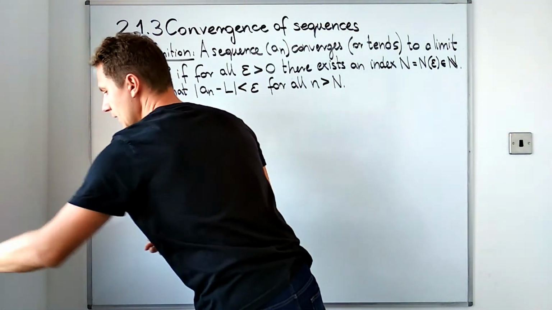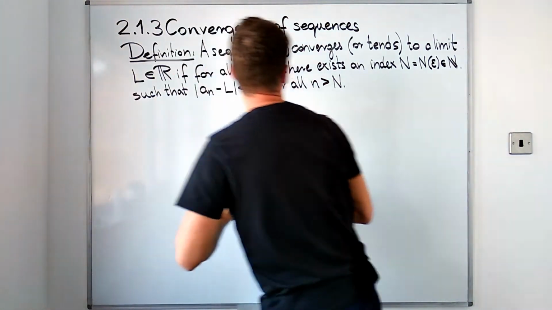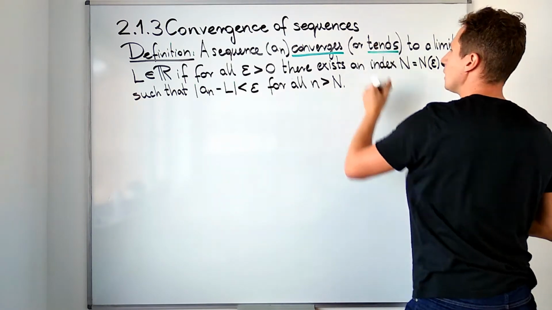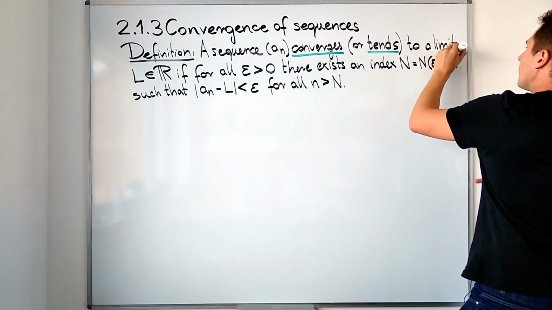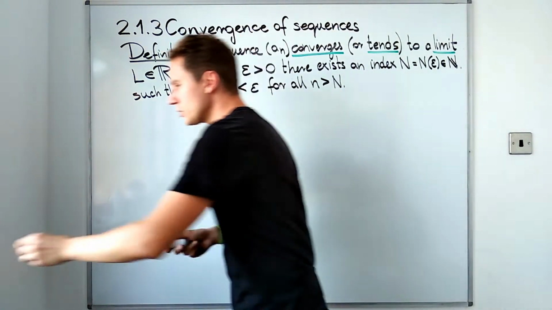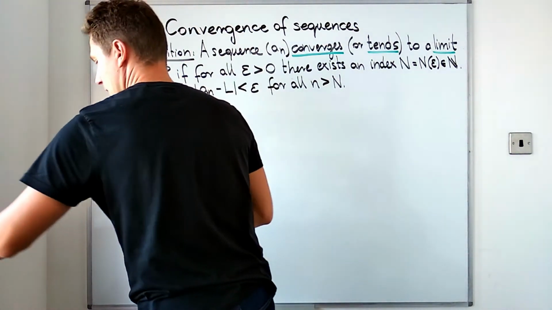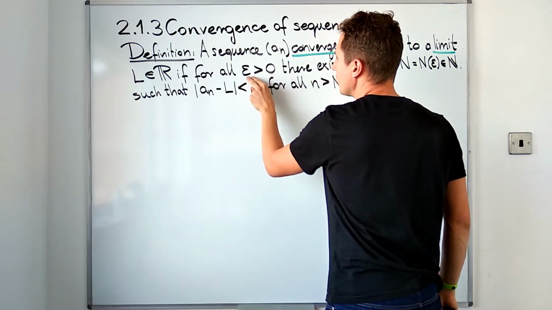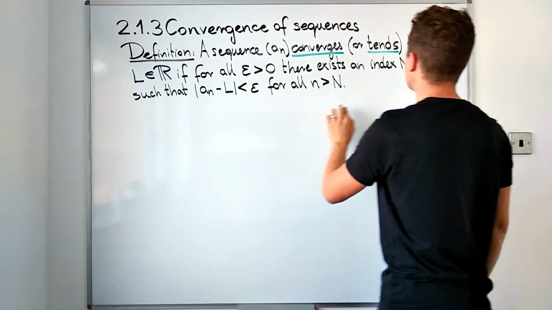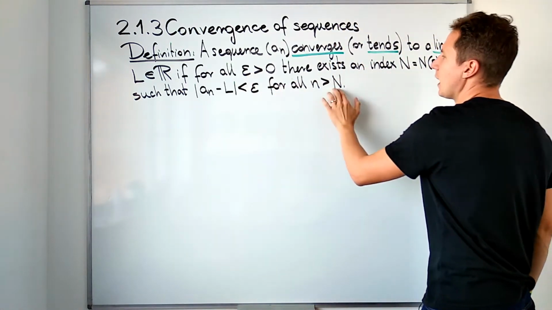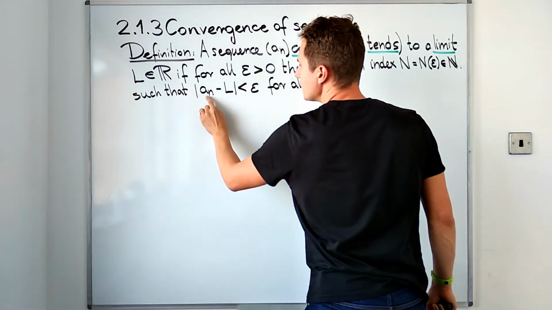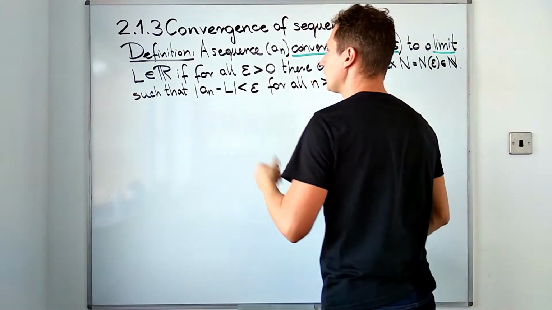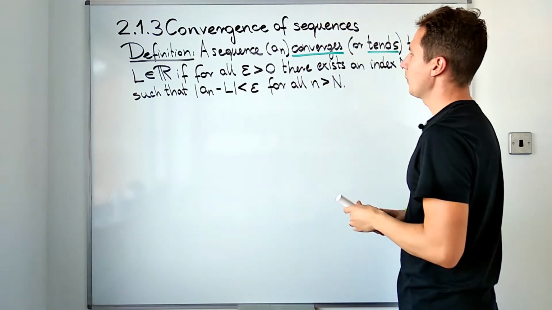So this is a central notion in our module. We say that the sequence a_n converges to a limit L if no matter how small of a positive value we choose, there will always be an index after which the terms in the sequence get closer to this limit, this number, than that previously fixed small epsilon.